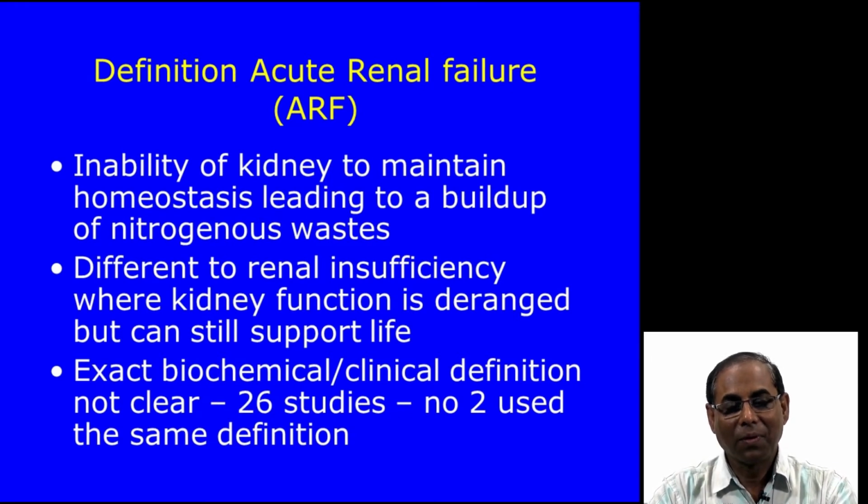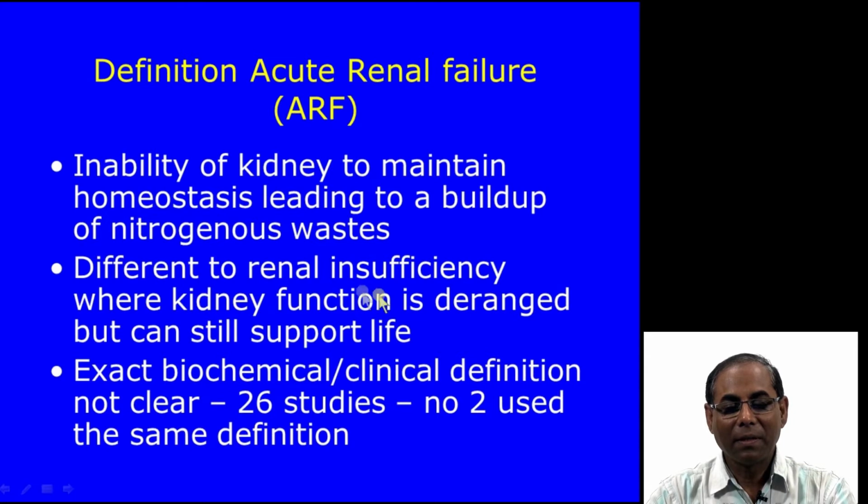So, the most important component that you must understand in the definition of acute renal failure is the inability of the kidney to maintain homeostasis, leading to a buildup of nitrogenous wastes. Obviously, there are biochemical parameters which we can see in the patient's serum, with which we have an indication that the kidney is not functioning.